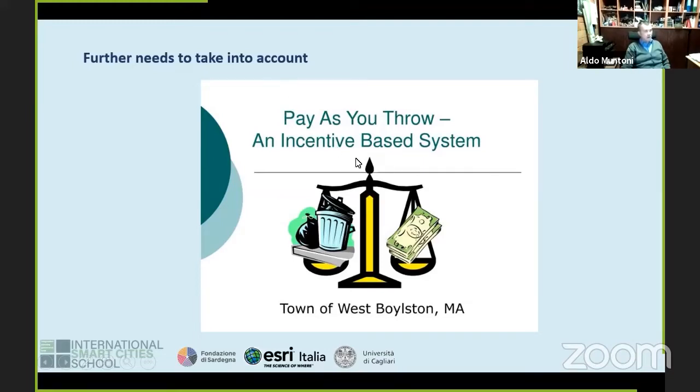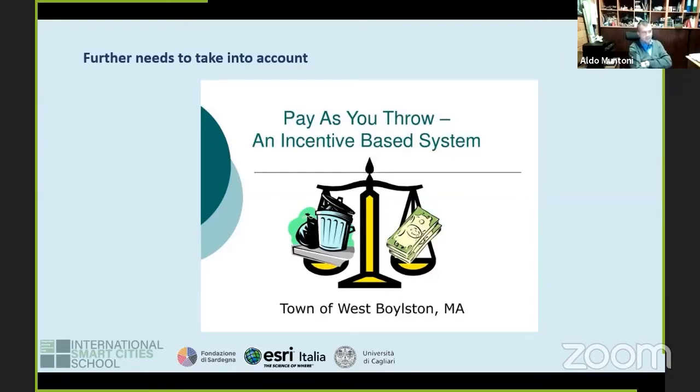And in particular, I don't know if you realize that in Cagliari, very soon we will move from a waste management fee, which is based mainly on the size of our house and on the number of people living in the house, to a true fee.